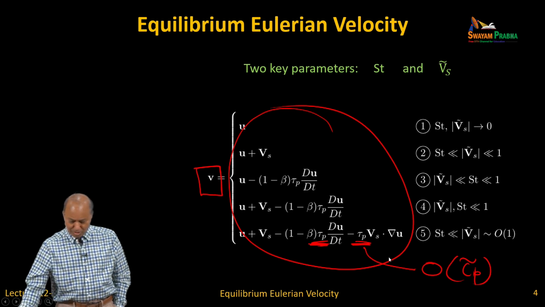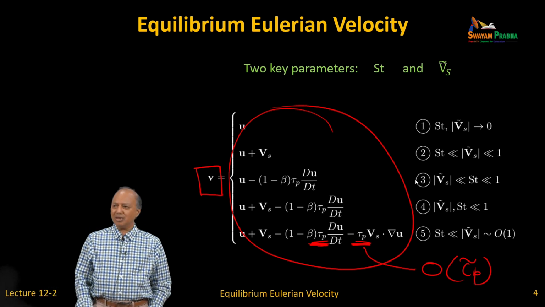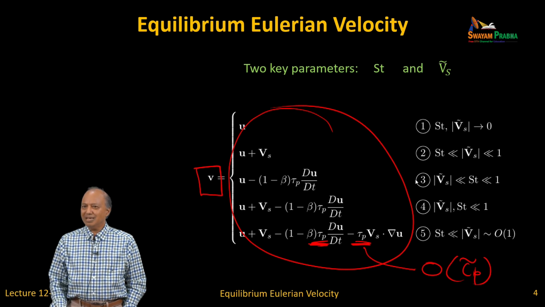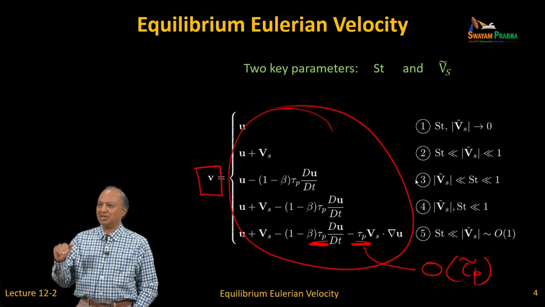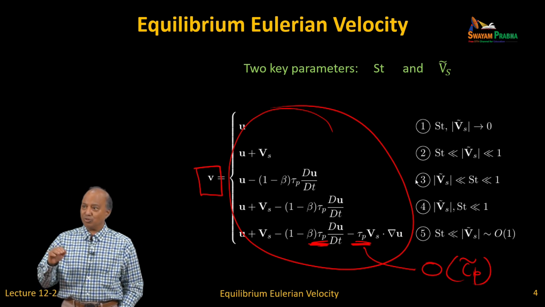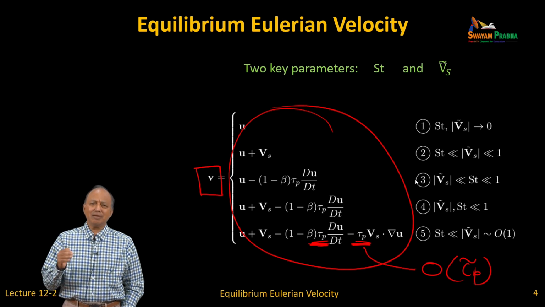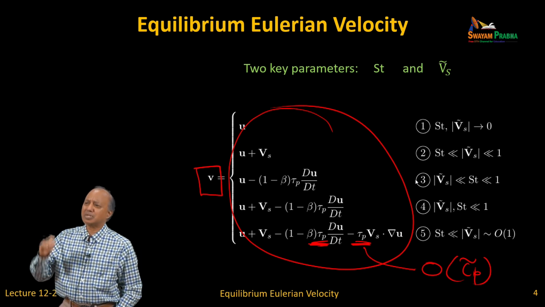Now, number 2 is where the Stokes number is really small, no inertia really, but settling is not negligible. This may be important, I will tell you why. Although settling velocity and Stokes number are related, the reason I am saying this is that settling is persistent.